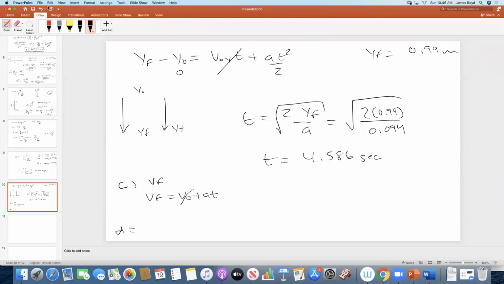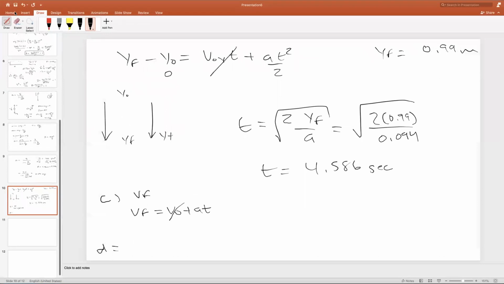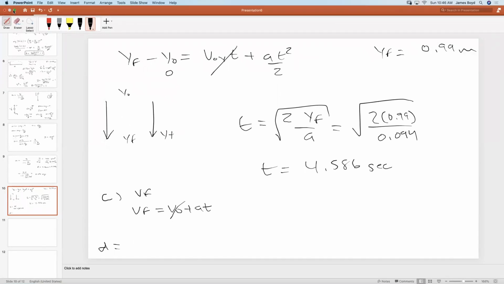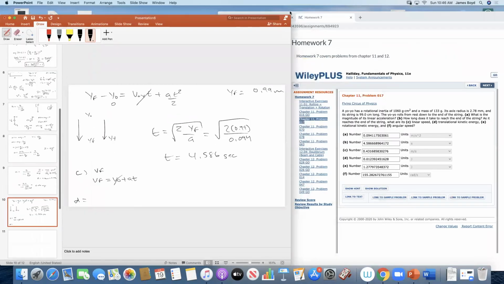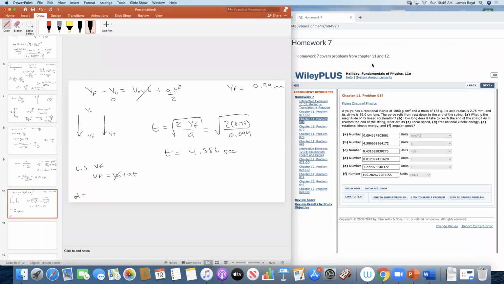The translational kinetic energy is mv squared over 2. Note that your mass is given in grams, so this needs to be 0.133 kilograms.